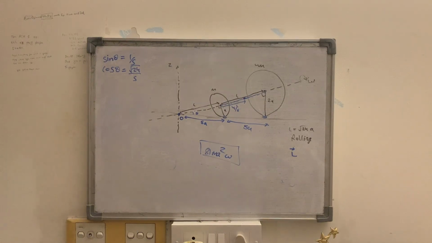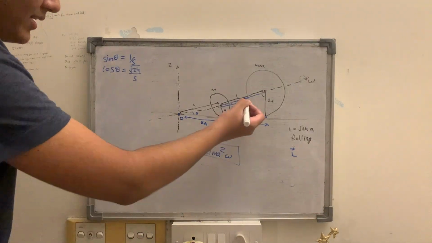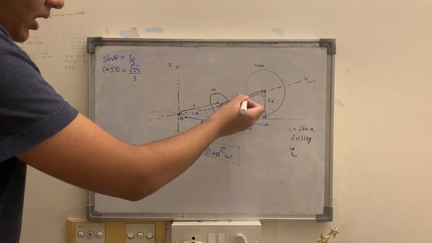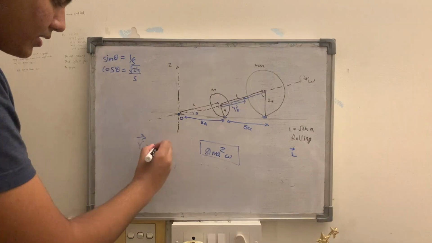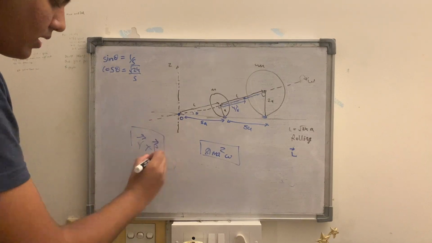Now how are we going to do this? As this is a point mass, we are going to use the formula R cross P, right? This will be the angular momentum.